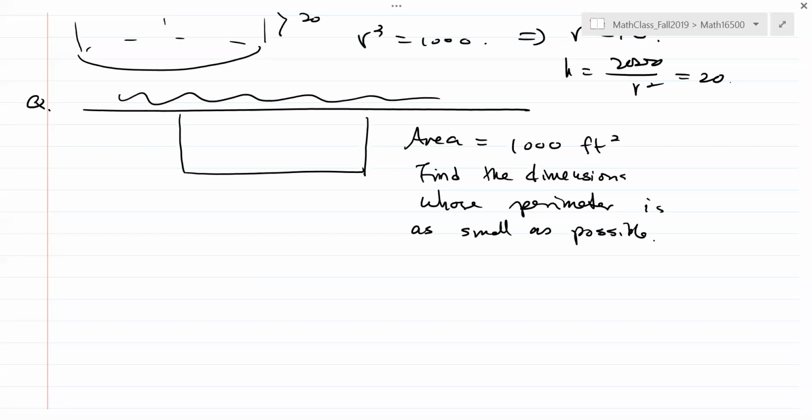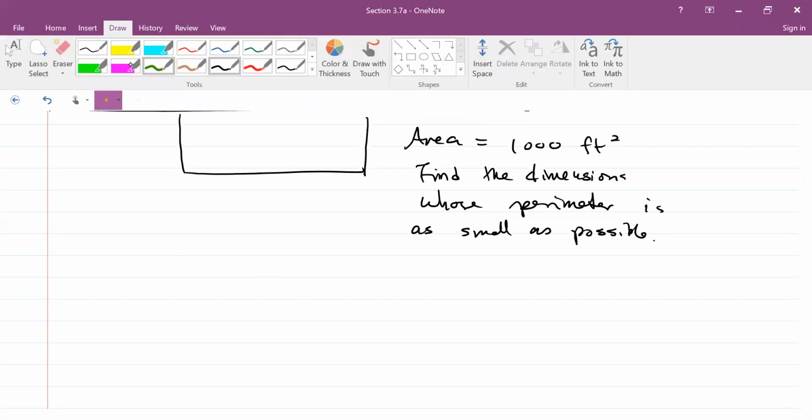Only 3 sides, since the perimeter means the fence. Only 3 sides. The other side you don't need. So just the 3 sides.